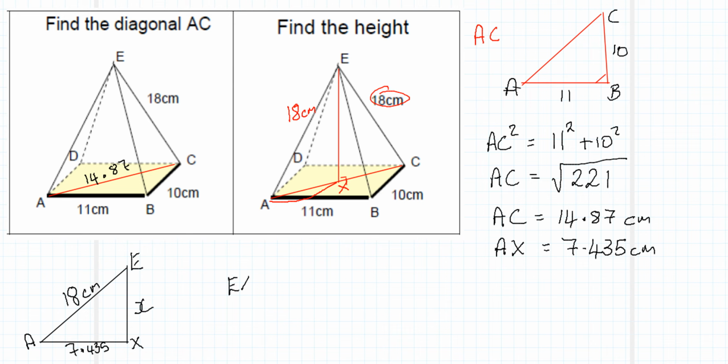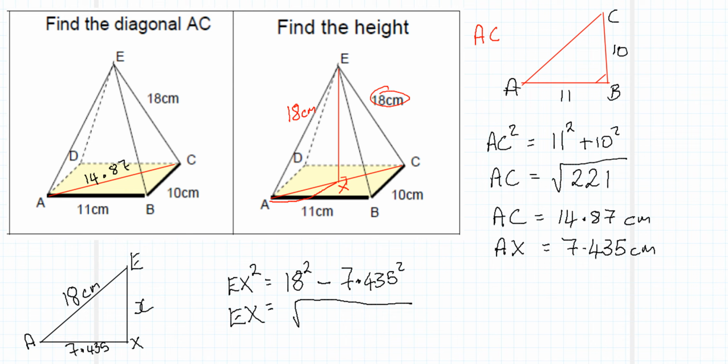Because we've got the hypotenuse, we need to use the minus form of the equation. So what we're doing here is working out 18 squared minus 7.435 squared.